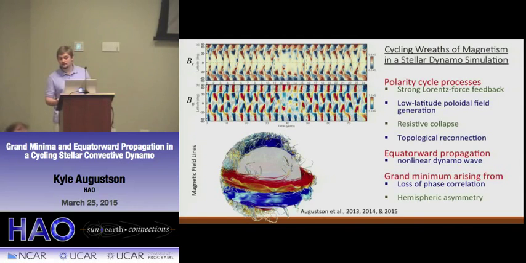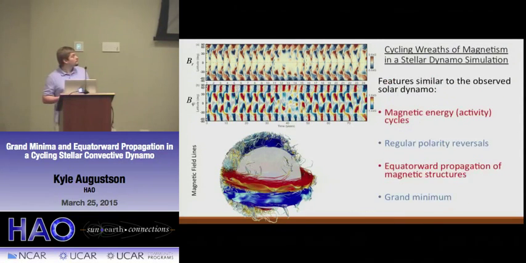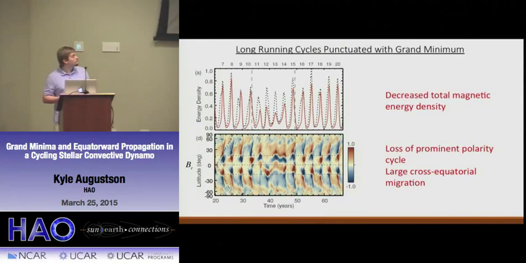Now, this feature that you identified as a grand minimum. If I remember correctly, during the Maunder minimum there were hardly any sunspots, but we now know from C14 and beryllium data that there was a cycle and that the phase wasn't lost.